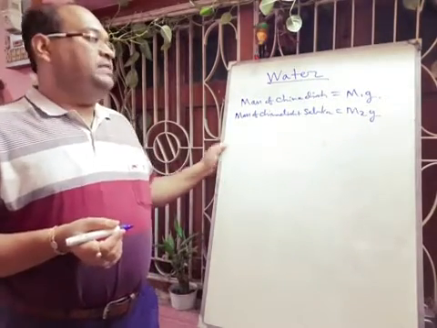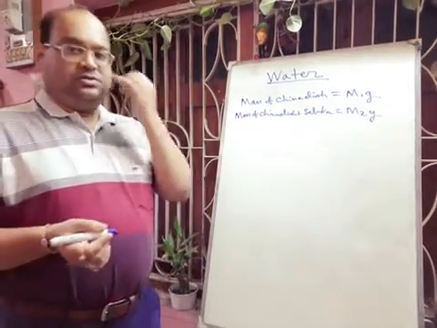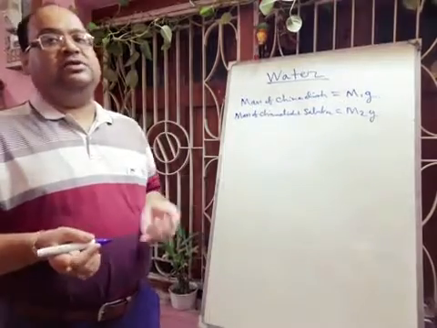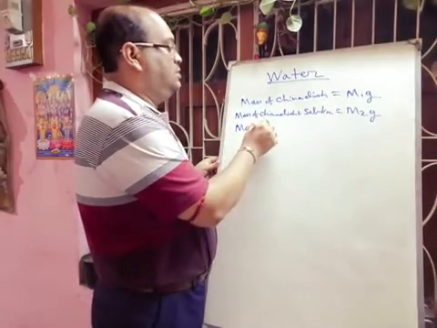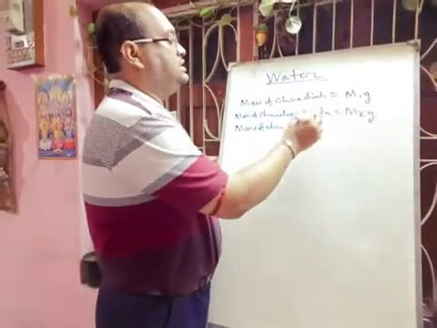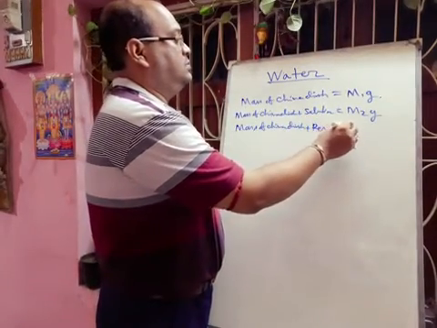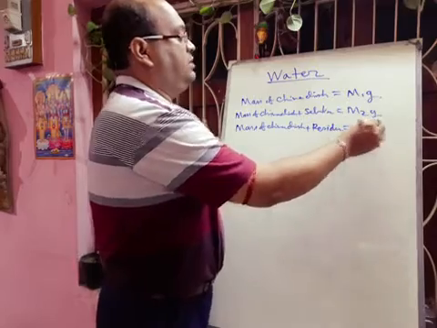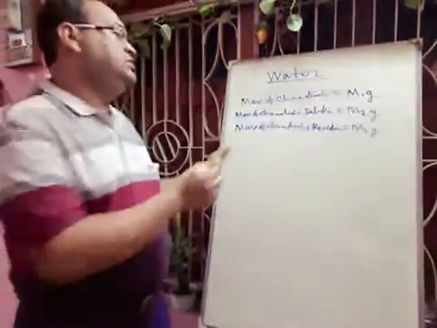Now, after evaporation, you are getting only the solute, the residue in the china dish. So the mass of china dish plus the residue will be equal to m3 gram. Now we have to find out the mass of solution.